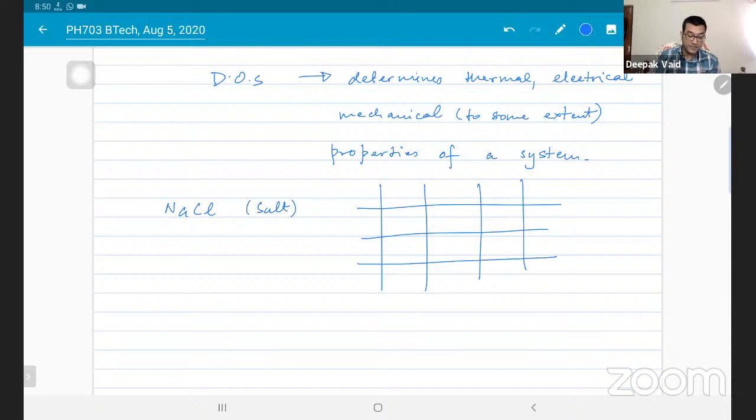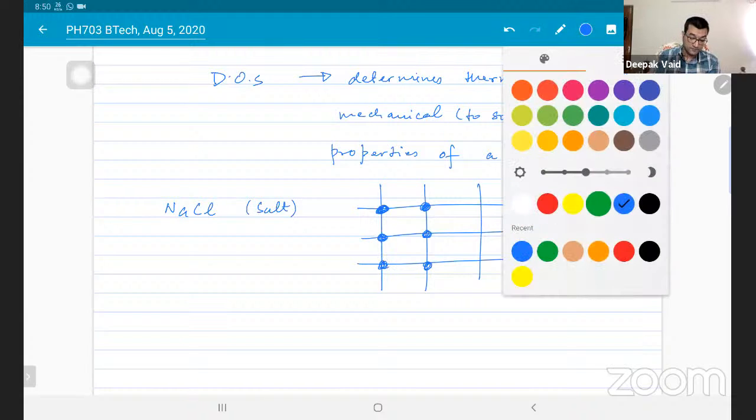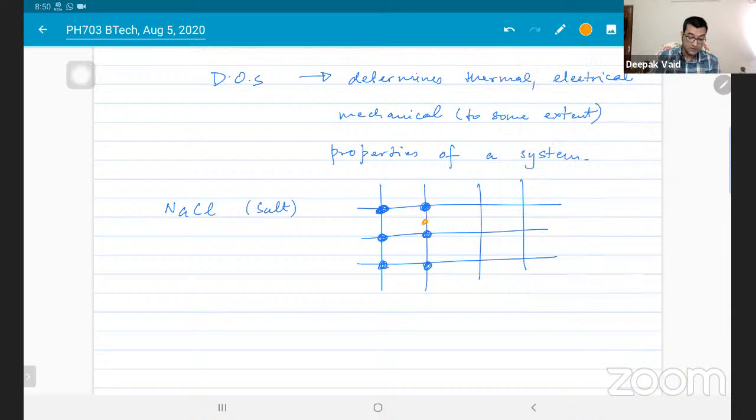You will have, let's say, sodium atoms at the lattice, something like this. And maybe you can put chlorine atoms. Actually, chlorine atoms are bigger than the sodium atoms. But anyway, who cares, right? We're not doing chemistry, we're doing physics. Let's say you have this kind of thing.